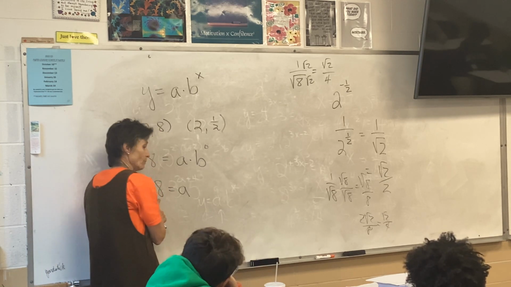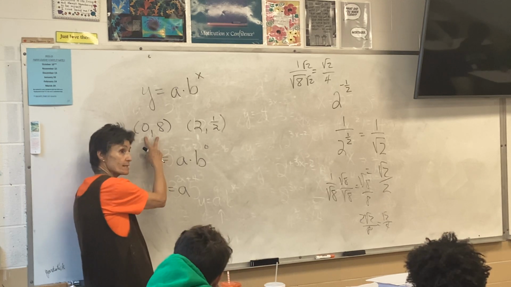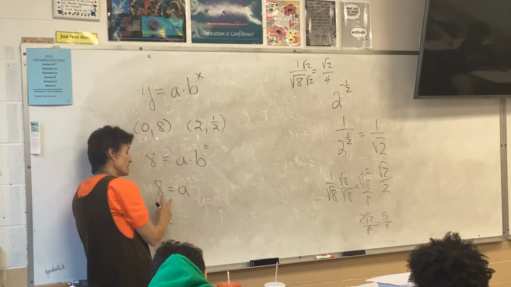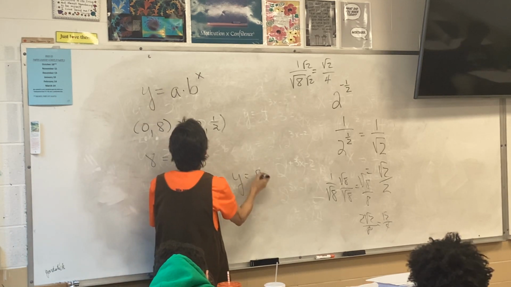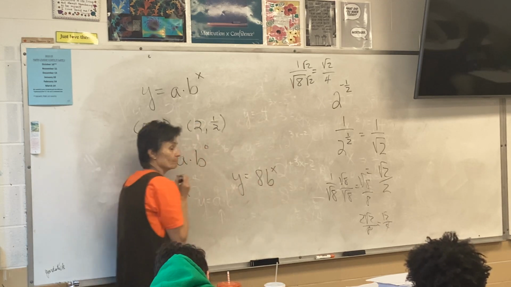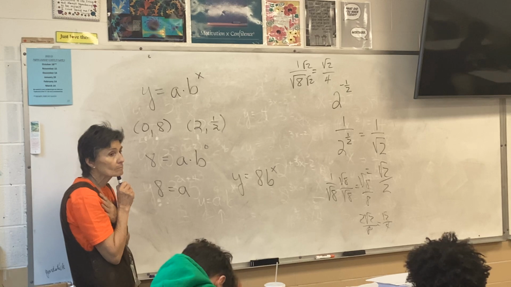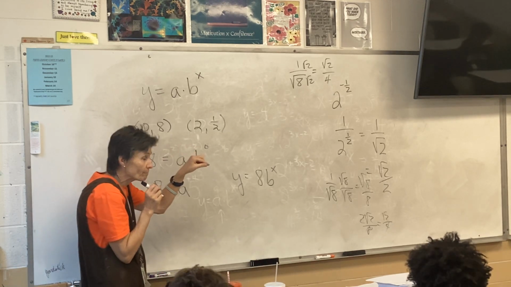A is the initial value. Isn't the initial value the same as the y-intercept? So whatever the initial value is, that's gonna be your y-intercept. So now I have y equals 8 b to the x. Agreed?